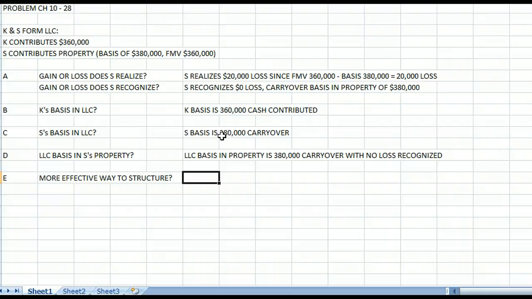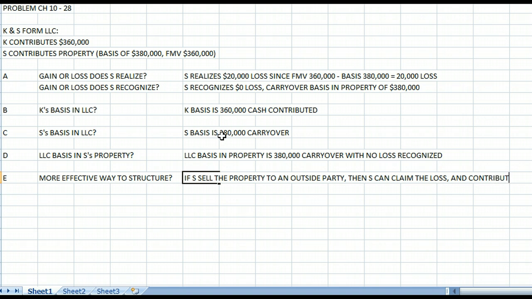Basically, the most beneficial thing you could do is for S to sell the property to an outside party, then S can claim the loss, and contribute cash of $360,000 to the partnership. And in this way, the loss goes ahead and gets recognized.